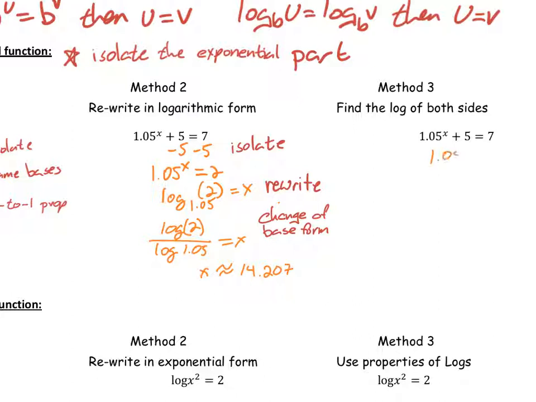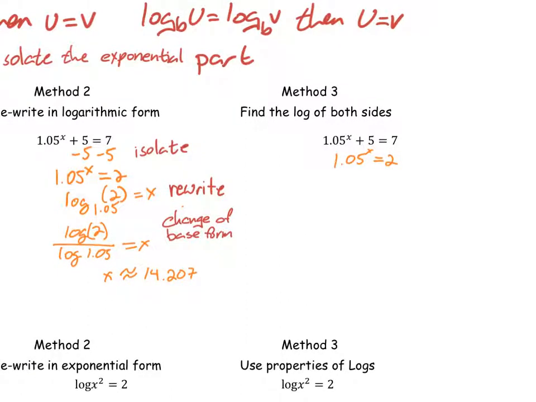Okay, so another way, which is kind of the same way as this one, we go ahead and isolate. So we have 1.05x equals 2. But now we're going to take the log of both sides. So I would do log 1.05 to the power of x equals log 2. I'm going to use the property of exponents, or a property of logs, to pull that x out.